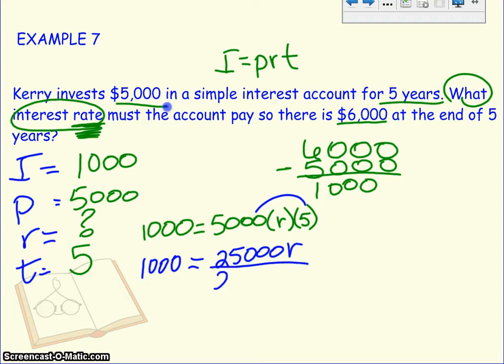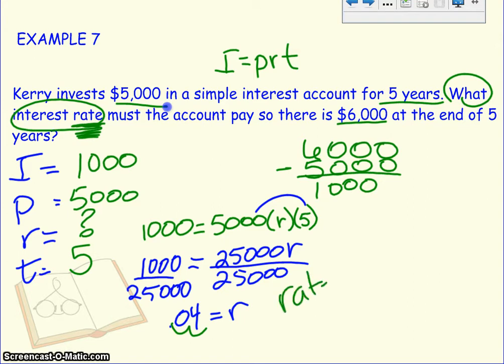I'm going to divide both sides by 25,000. And I get R equals 0.04. If I then take the decimal and move it over, because now I'm turning a decimal into a percent, so I'm going to move 2 to the right, I get that the rate equals 4%.